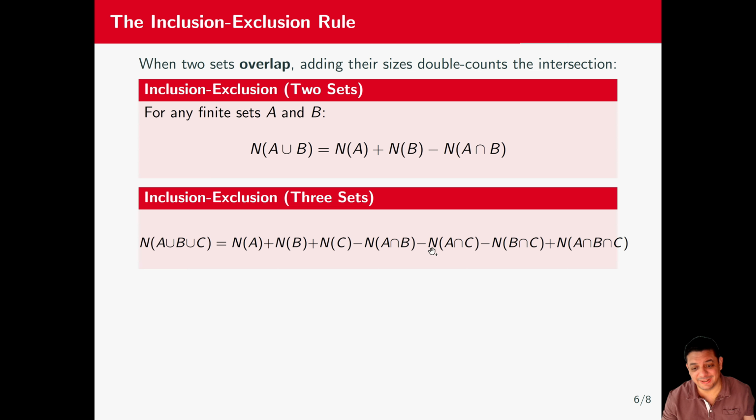So we need to add back one of the intersections to keep it. That's why we keep the intersection between A, B, and C, so that the intersection between all of them is counted at least once. This is something that you can easily see if you shade the Venn diagrams, so I encourage you to try reconciling this formula by doing Venn diagrams.